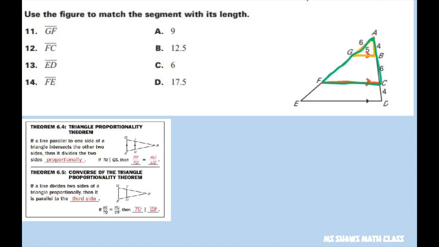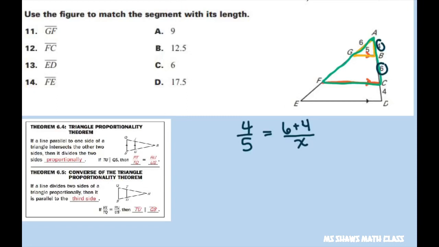To set up a proportion for the triangles, we're going to say 4 is to 5 as, and we want to say 10. So we're going to say 6 plus 4 is to X. So that's 10.